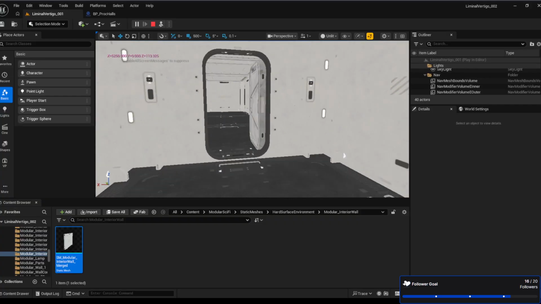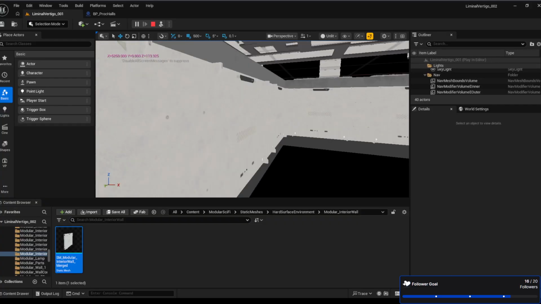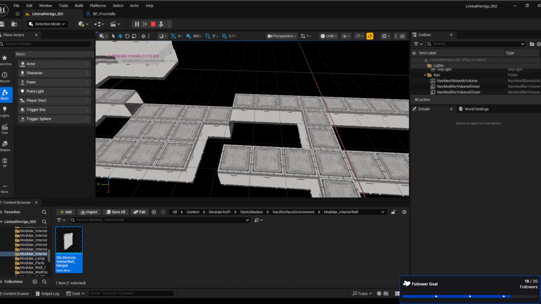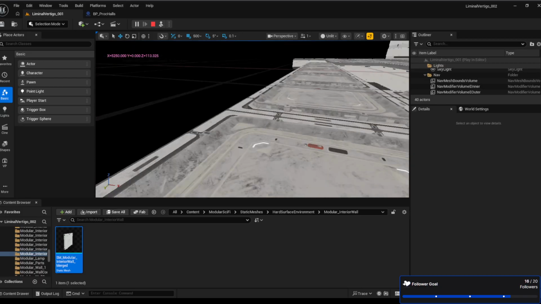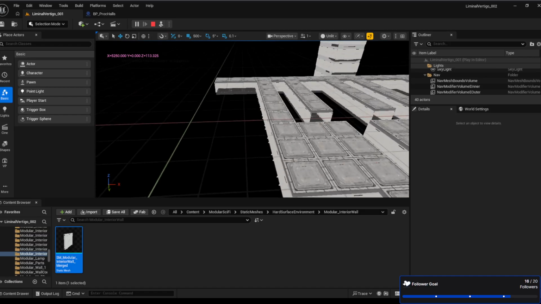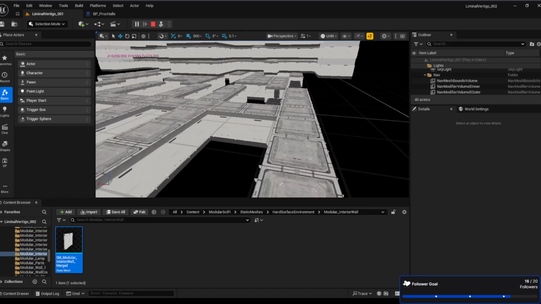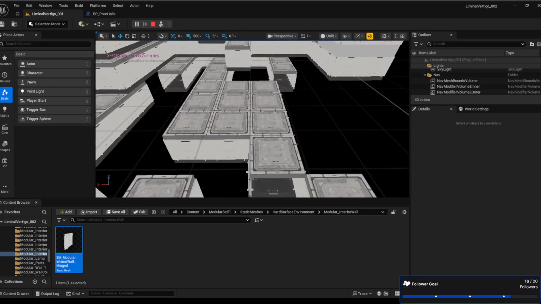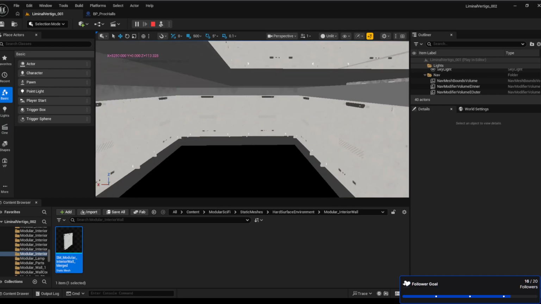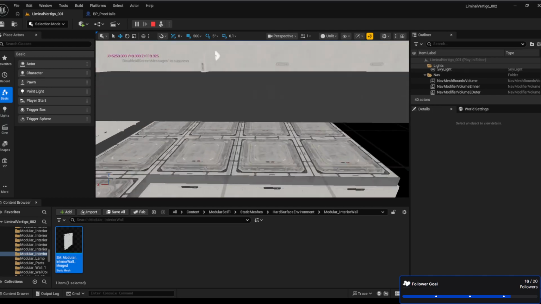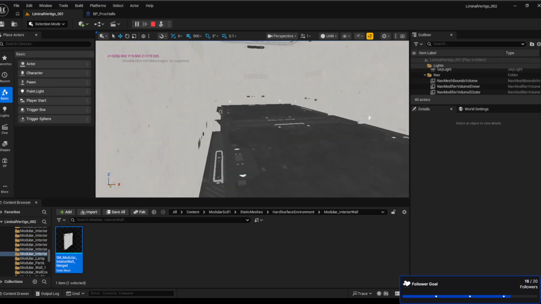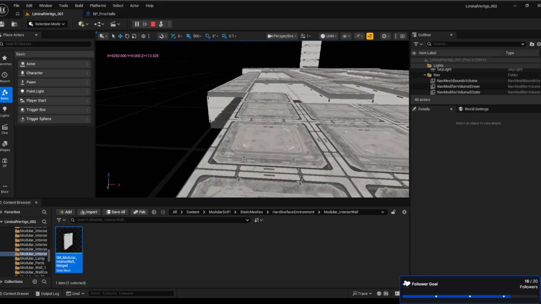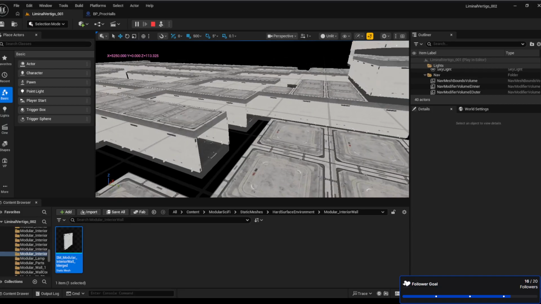Oh my goodness, this one also needs to be shifted to the right. And this one right here too, what's going on? All of them need to be shifted to the right. Damn. All right. Shoot.